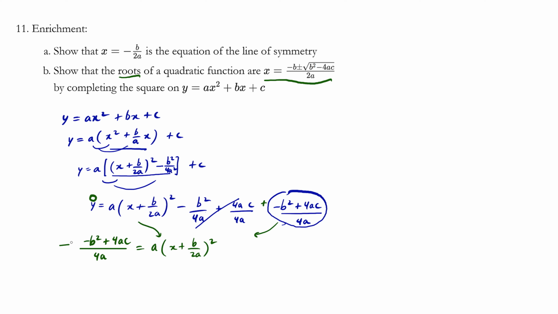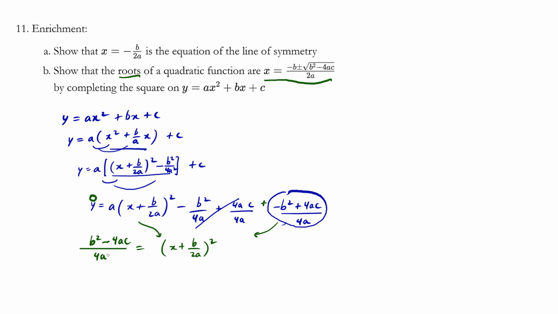Okay, so I don't like this negative business here, so I'm going to just distribute the negative here and here. So we're going to multiply the top by negative 1. What ends up happening is this negative sign disappears. We're going to switch this to a positive, and we're going to change this to a minus. So I can see that a bit more clearly, let's divide both sides by a. When you divide both sides by a, this a disappears.